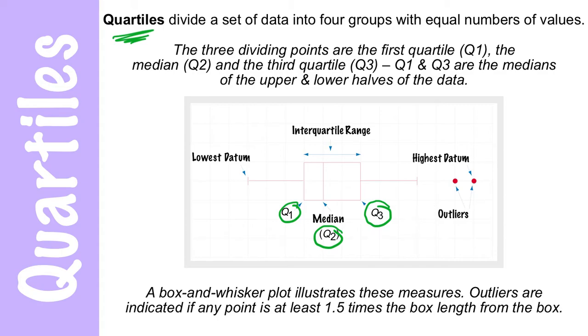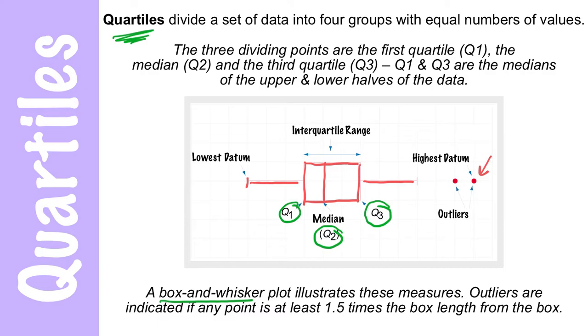What we're looking at here is called a box and whisker plot, and that box and whisker plot takes the lowest piece of data and takes you all the way to the highest, and then divides it into 4. So you can easily see the group of data in 4 pieces.